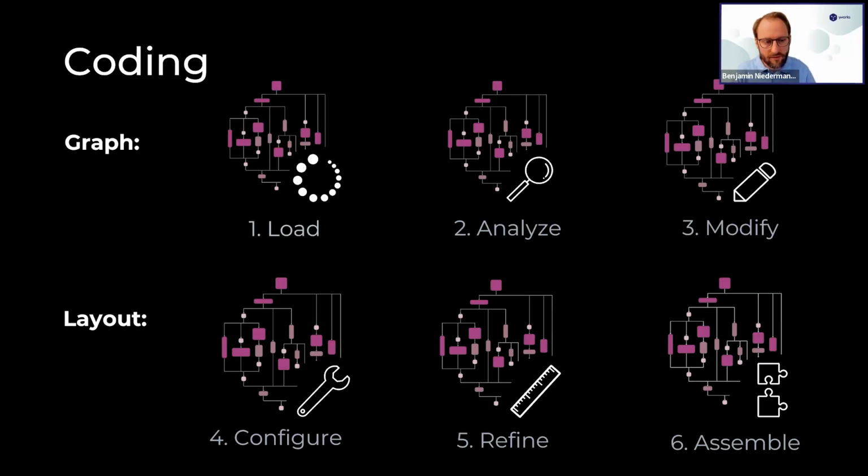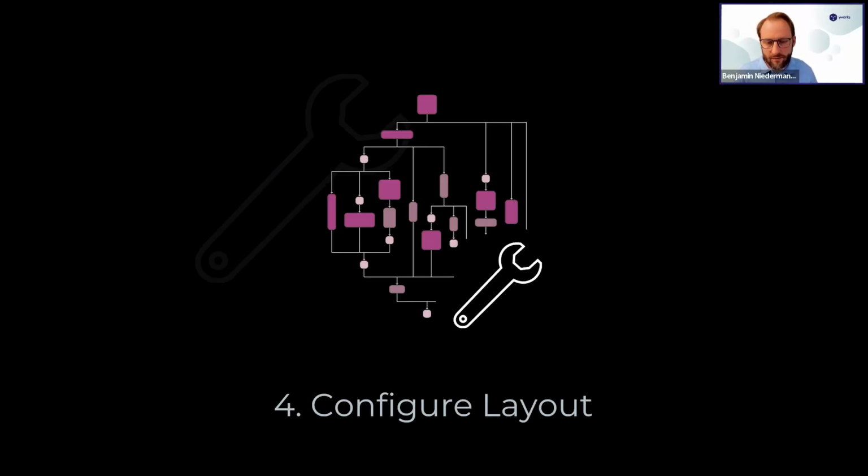So what I now want to talk about is how to lay out, or how to configure a layout, for a graph. And this will also be done in 3 steps. So let's start with the configure layout part.